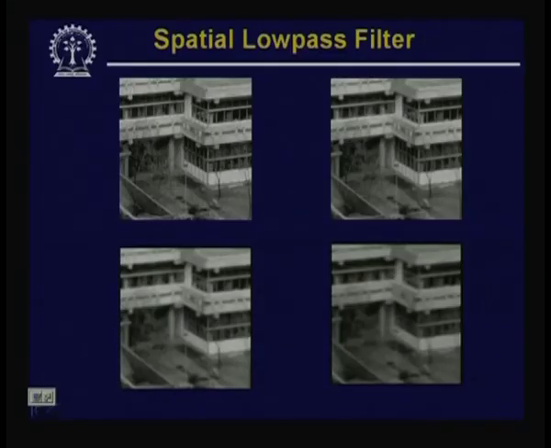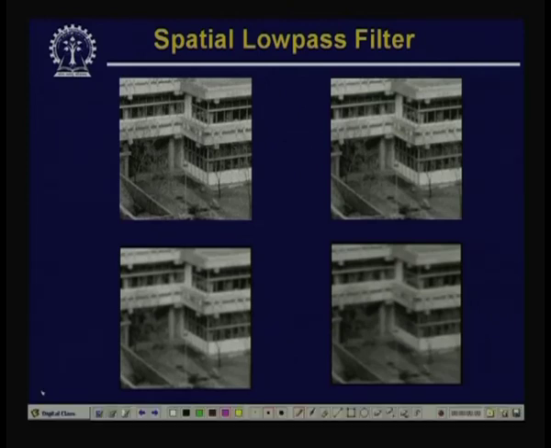So, there is a second kind of masking operation, which is based on order statistics, and which will reduce this kind of blurring effect. Let us consider one such filter based on order statistics. Unlike the earlier filters, these filters are non-linear filters.